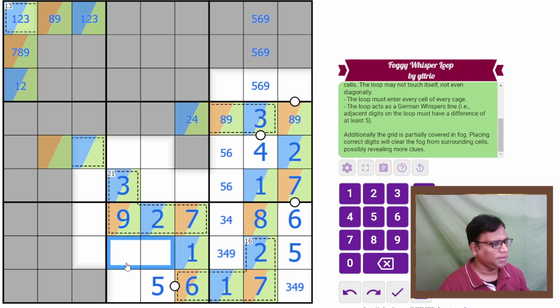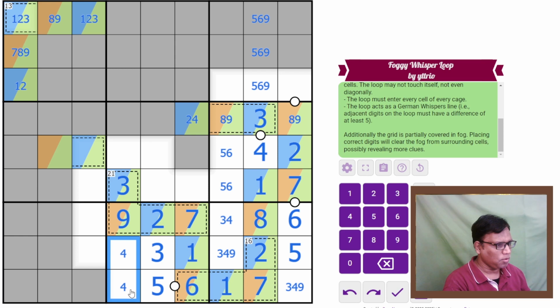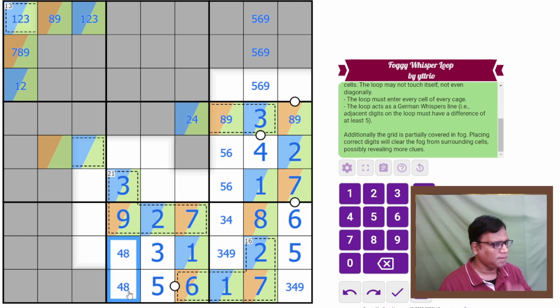What next? These 3 digits? Yeah, that's 3, right? By Sudoku. And these 2 digits are 1, 2, 3, 4, 4, 8. That's right, 4, 8. Anybody seeing anything? No? Okay.